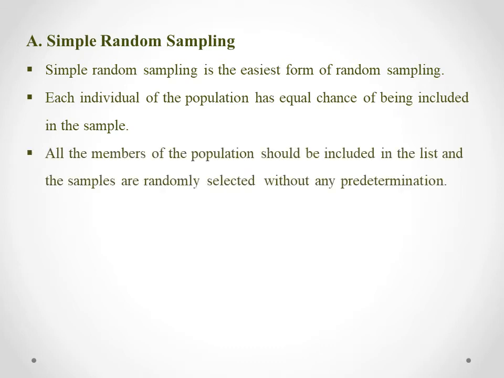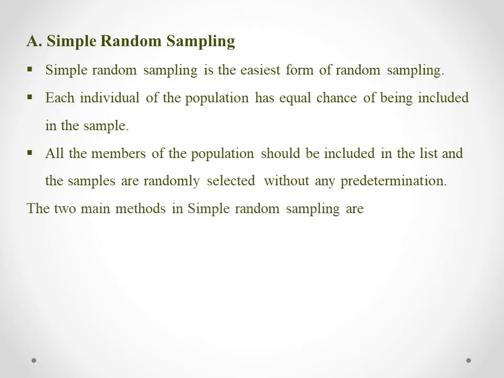Simple random sampling method. It is the easiest form of random sampling, in which each individual of the population is included and given equal chance of being in the sample. Here, all the members of the population should be included in the list, and the samples are randomly selected without any predetermination.